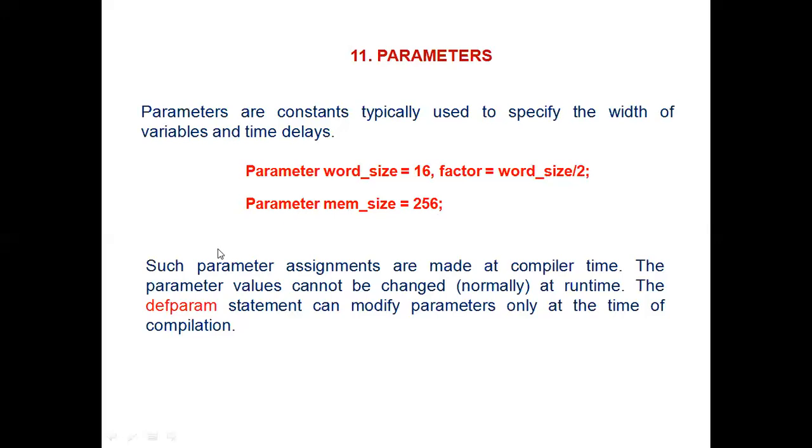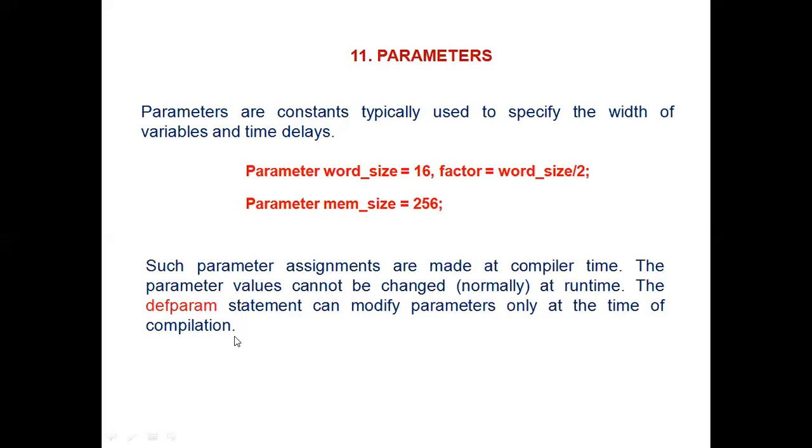Now such parameter assignments are made at compile time. The parameter values cannot be changed at runtime. We have to give these assignments at compile time, but we cannot change these values at runtime. The defparam statement can modify parameters only at the time of compilation.